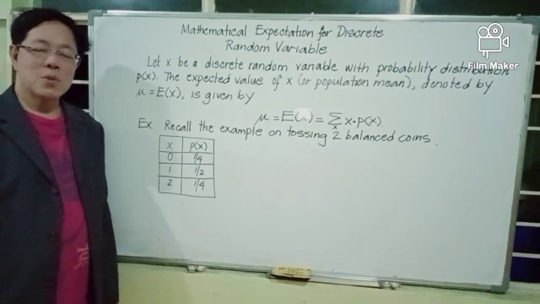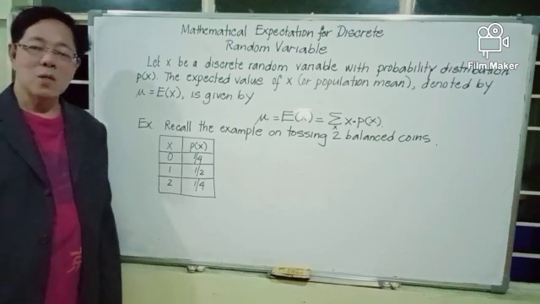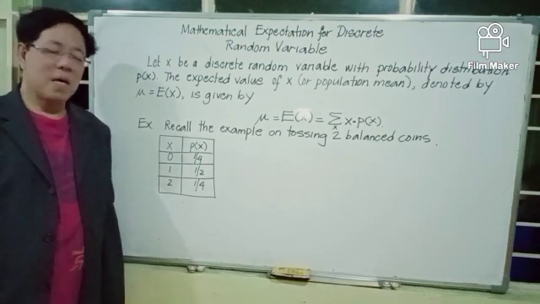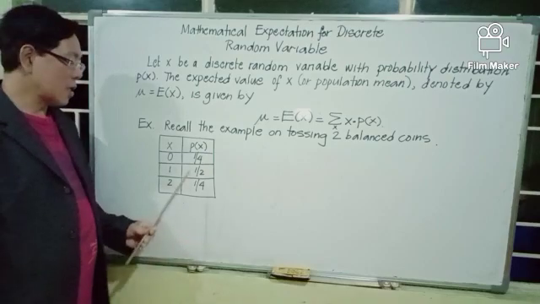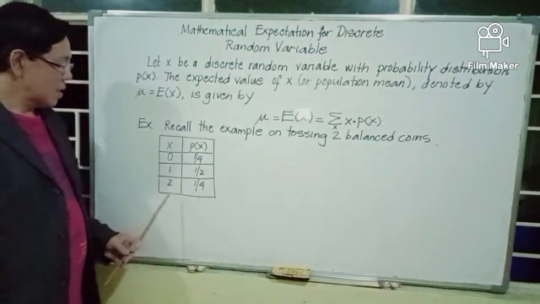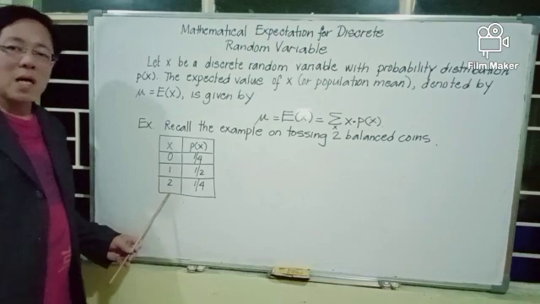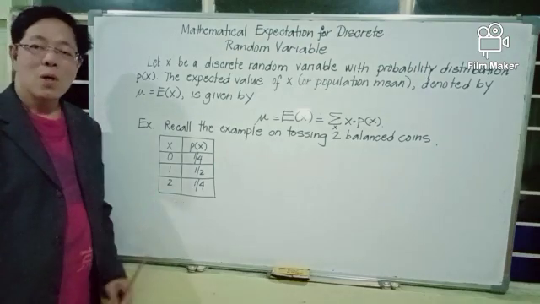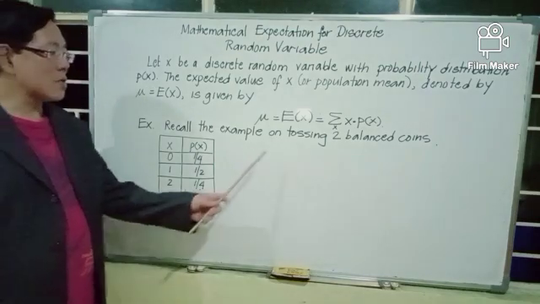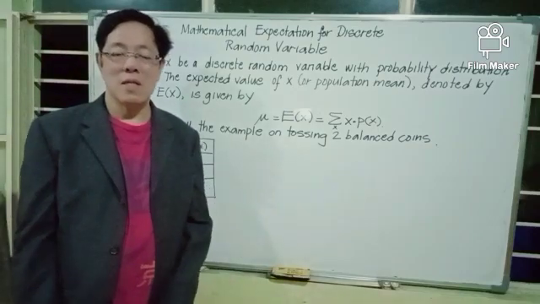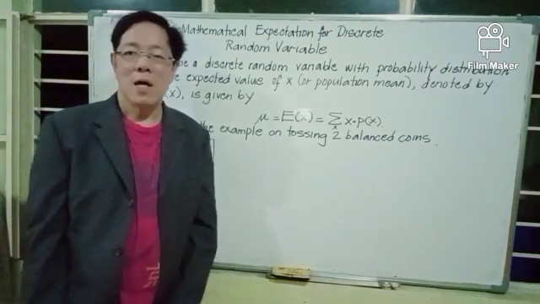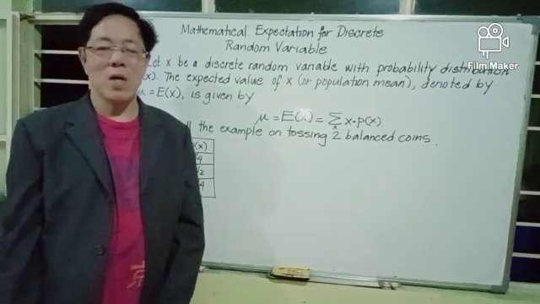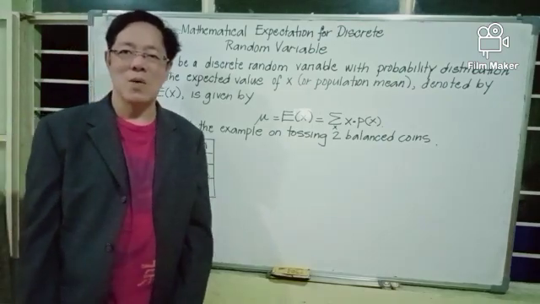So you have 2 out of 4 possible events, 2/4, or in lowest terms 1/2. And the last possible value of x is 2. You get two heads when you toss two balanced coins, and that is the event HH, head in the first coin and head in the second coin.